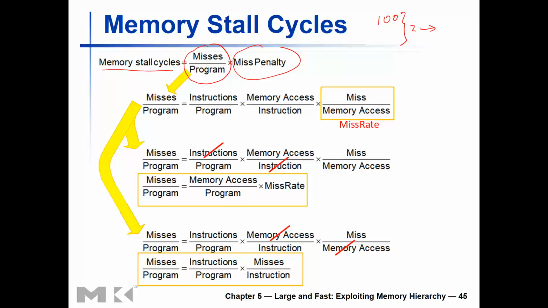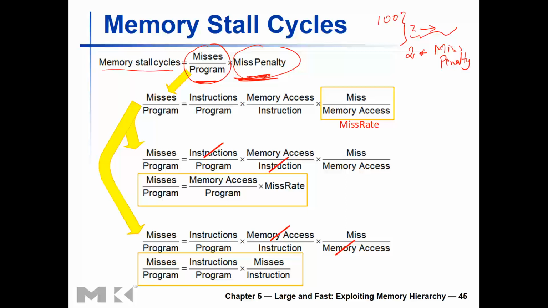So those will create for me the stall cycles, so I multiply 2 times the miss penalty. Basically, the memory stall cycles are the number of misses in the program times the miss penalty. There is no disagreement about the miss penalty. Let's check what the misses per program are.